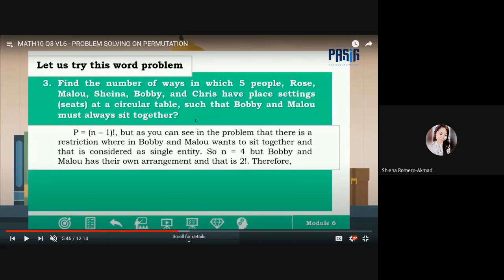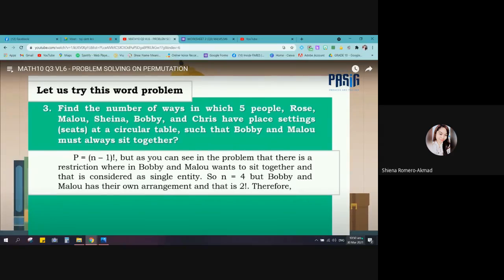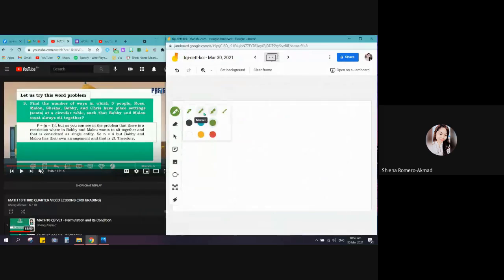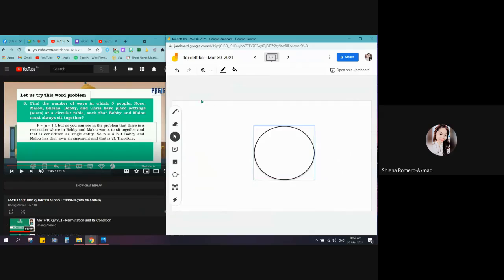Okay? If that is 3 factorial, how about if Bobby and Malu change seats while sitting together? That means they will also move. I'll give you an example of this. So this is the round table. There are 5 people who will sit. But Bobby and Malu want to sit together.